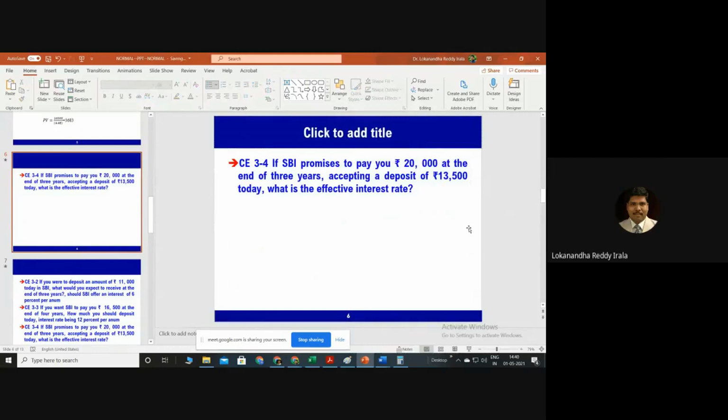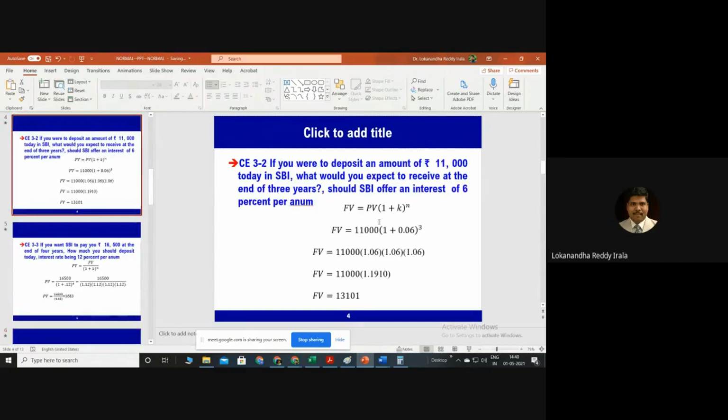If SBI promises to pay you 20,000 at the end of 3 years, accepting a deposit of 13,500 today, what is the effective interest rate? So what we'll do? We'll take the same formula.